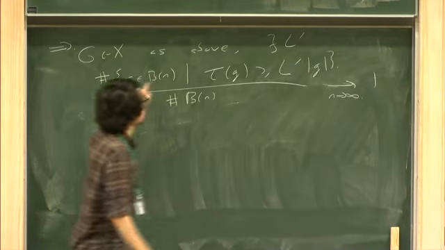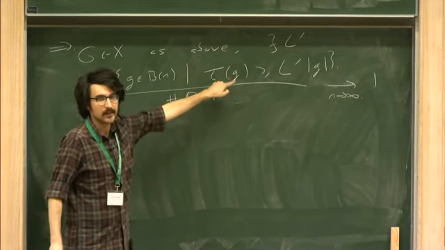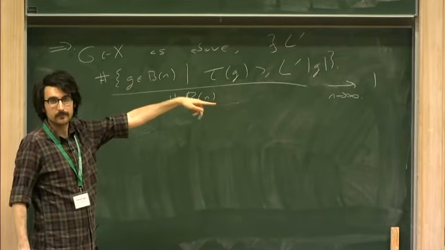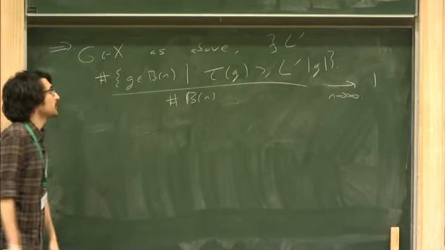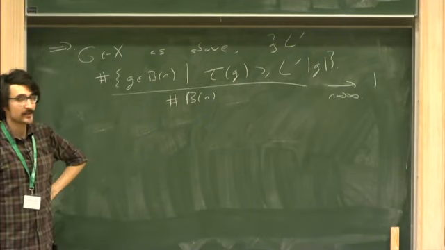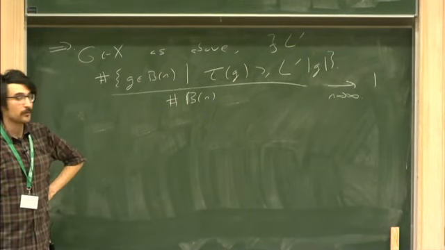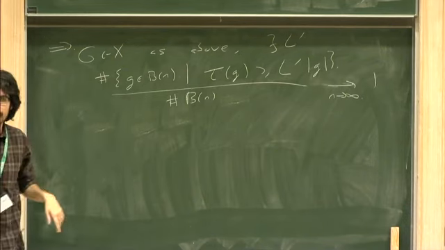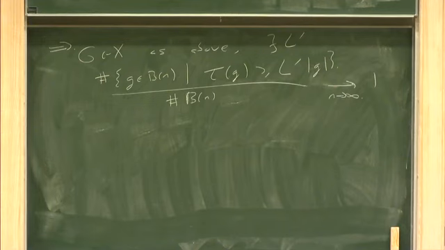So the proportion of elements in the ball of radius n such that the translation length is at least a fixed multiple of the word length goes to 1 as n goes to infinity. Okay. So since the element G is loxodromic, as soon as the translation length is greater than 0, the element is loxodromic. This gives us the main theorem. So the main theorem was that generically elements are loxodromic, but this is telling us that generically not only are the elements loxodromic, but their translation length is growing linearly with word length.